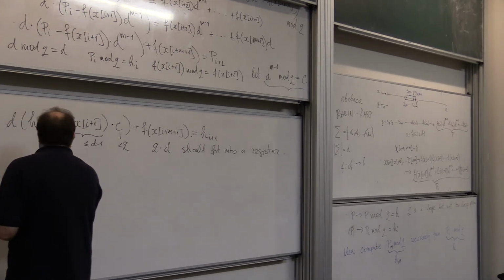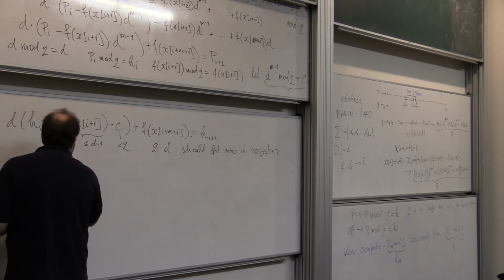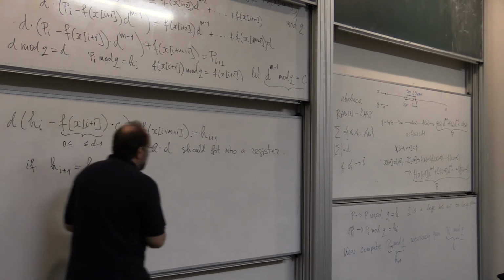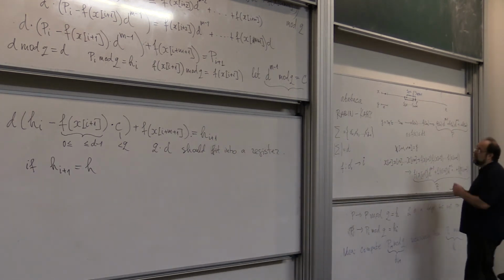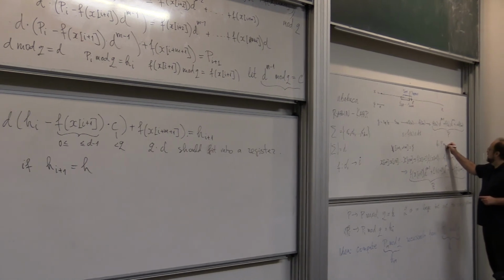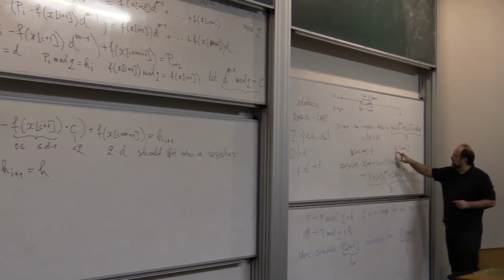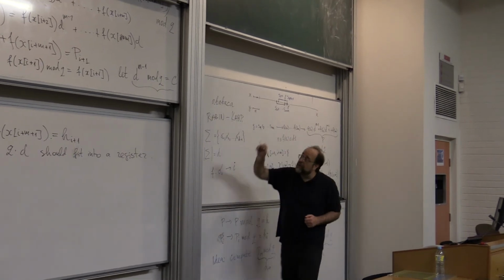So then what do you compare? If hi plus 1 is equal to h, what is h? h we denoted to be simply p mod q, the hash value of the string that we are looking for.